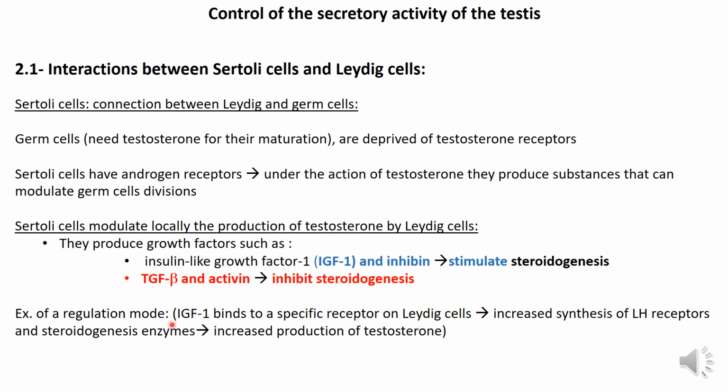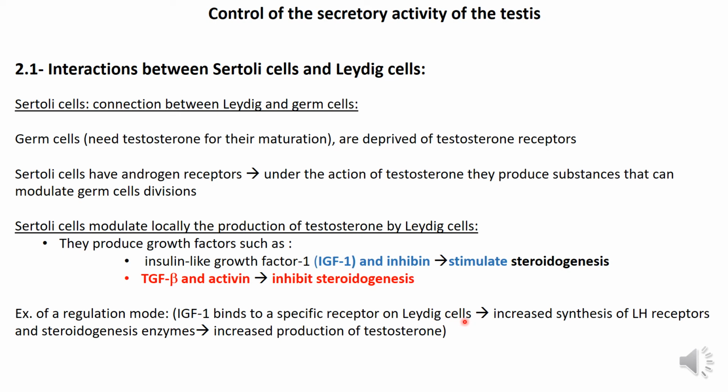So once this IGF-1 is produced by the Sertoli cells, it will migrate through the interstitial space to reach the Leydig cells. And since they have receptors on the Leydig cells, they can exert their functions on the Leydig cells.